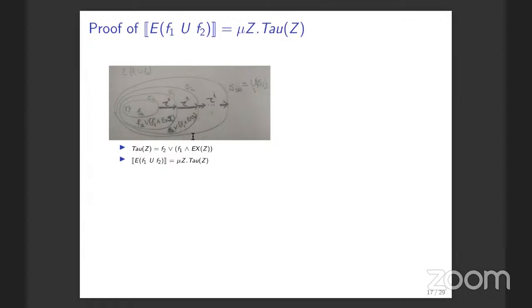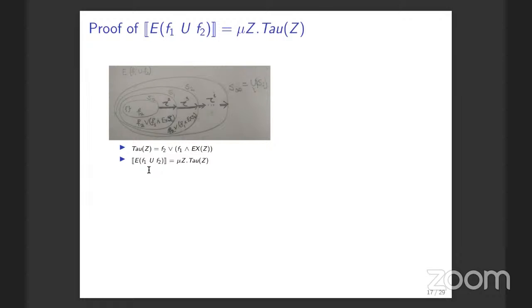Because the way that you compute, it's kind of using two kinds of induction. But first, are you clear as to what you have to prove here? On the left side, proving equivalence between two sets of states, or formulas representing two sets of states.